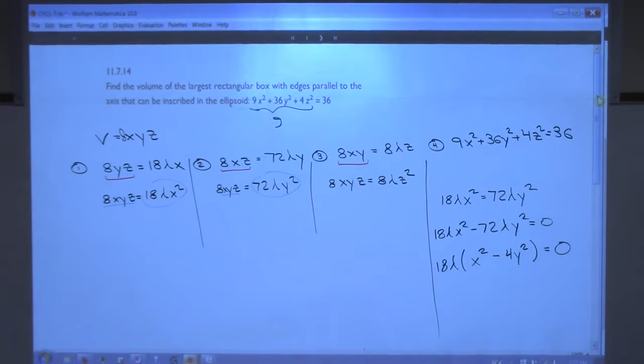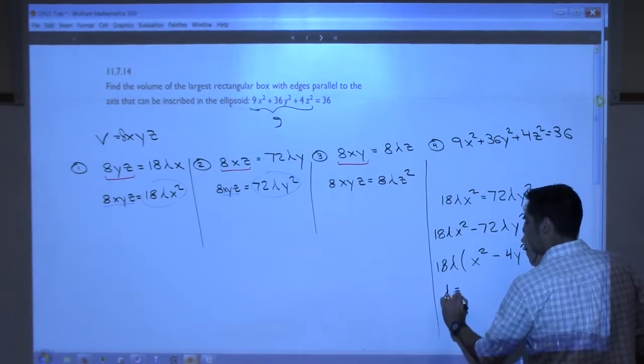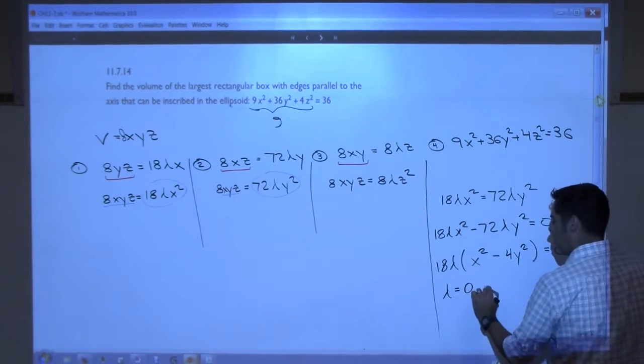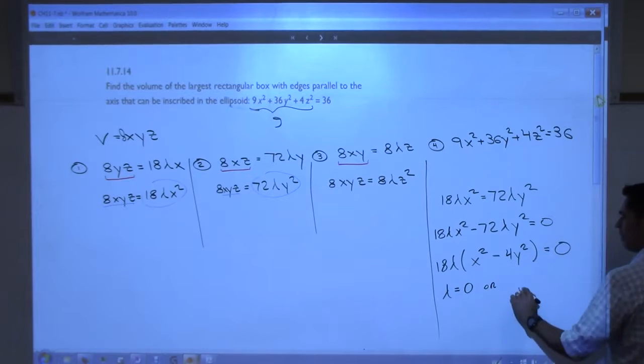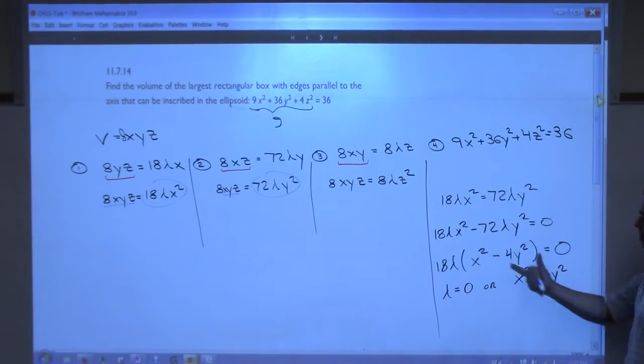What are the two possibilities here? Lambda is 0, right? Lambda could be 0, or what? x squared could equal 4y squared. So I could set that equal to 0.